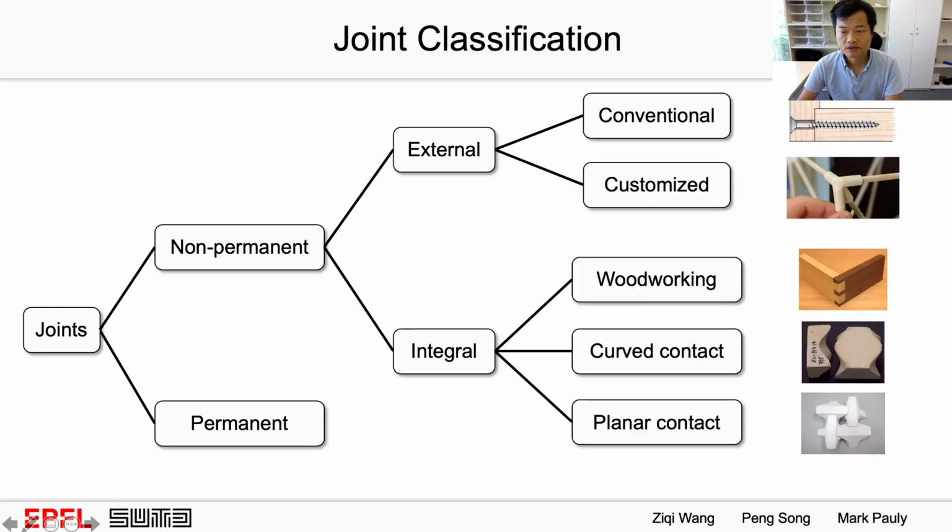External joints can be further classified as conventional joints such as screws and customized joints such as 3D printable connectors. Integral joints can be further classified as woodworking, curved contact, and planar contact joints.